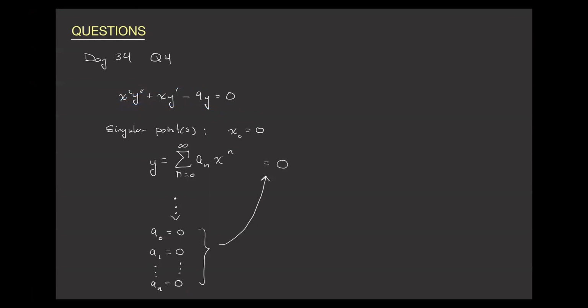This is the trivial solution, which often is a solution. It's also a, not to be confused with the singular point, this is a singular solution, which is different than a singular point. So just a heads up that these are different things.